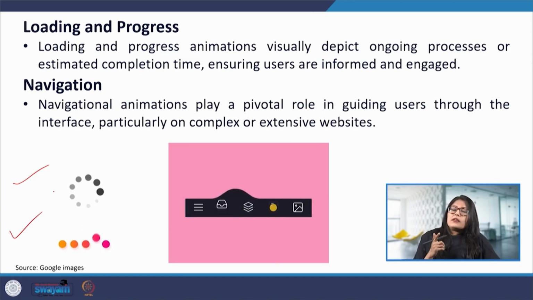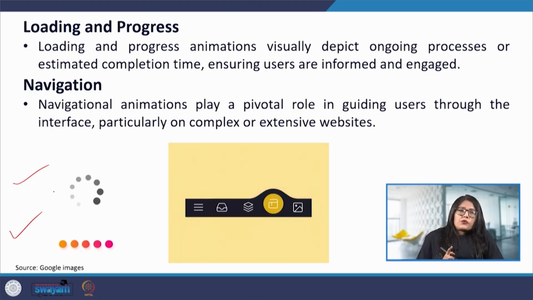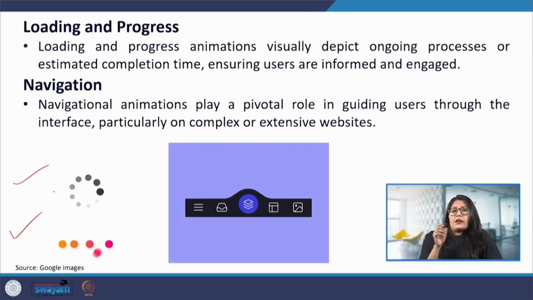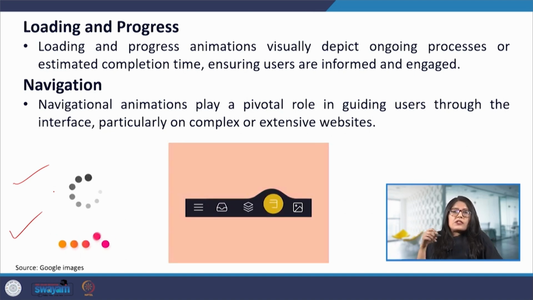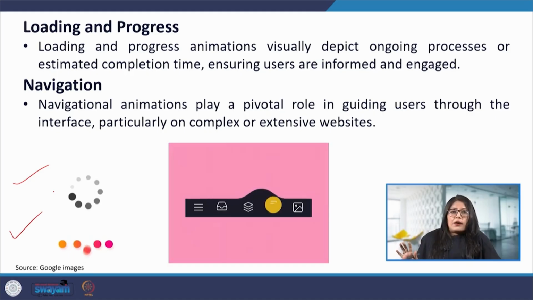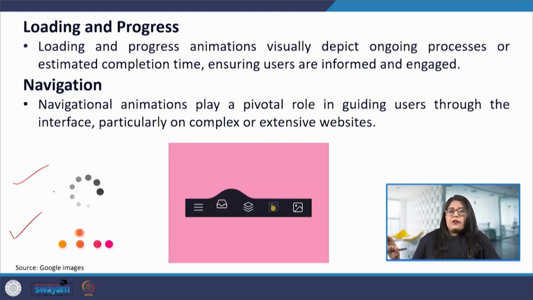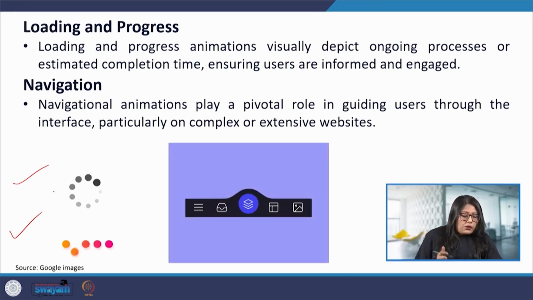We had seen this in lecture number 17 as well, where we saw whether it can be a linear way to show the progress or a circular way, and we should maintain the same style throughout our design. So, if we are using linear, then we should use linear throughout and not mix and match with the others.